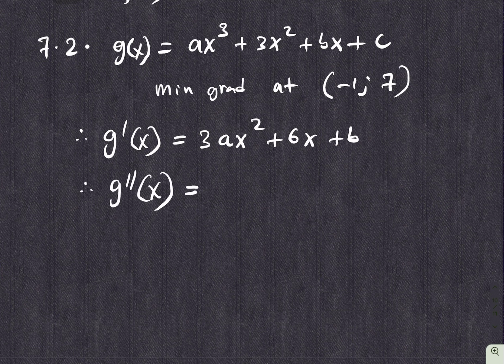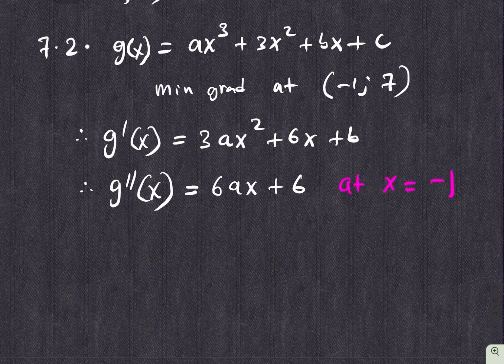And that is to say that if you derive this again, it's going to give you 6ax plus 6. So we are going to have a gradient at a particular point. So let me just write that. The gradient is going to really occur at x equals -1. This is where I'm going to get the gradient in there.